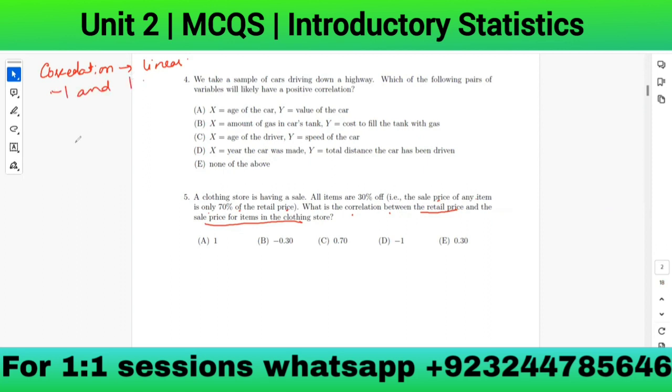If two variables, let's suppose x and y, are perfectly correlated, that is, for every unit increase in one variable, the other variable increases by a constant rate, then the correlation will be 1.